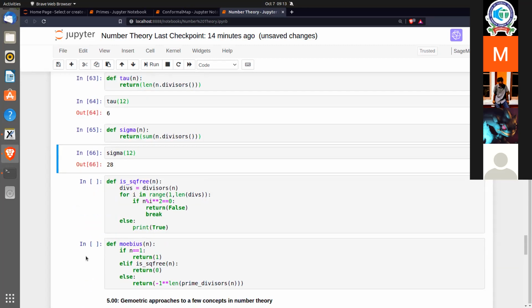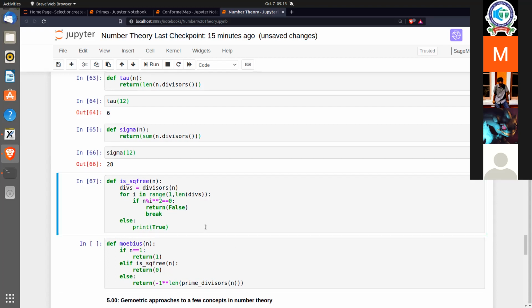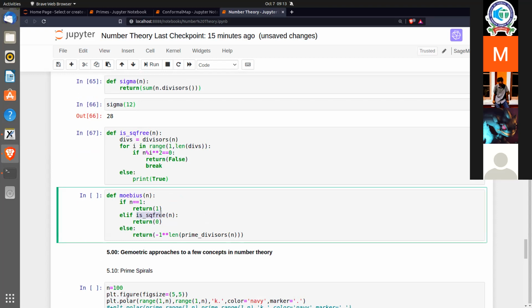Now coming to the Mobius function. Like we've already seen, it requires me to test one case particularly: whether that integer is square free or not. If it is not, I'll return 0. If it is, I'll just return 1 raised to however many prime divisors that number has, right? So here I just defined a basic function for square free, and then I call that function in this Mobius function here, right?